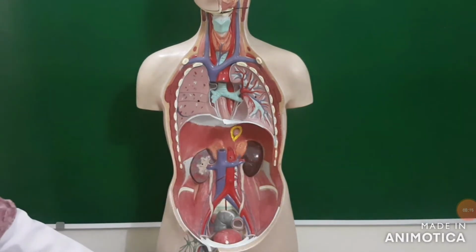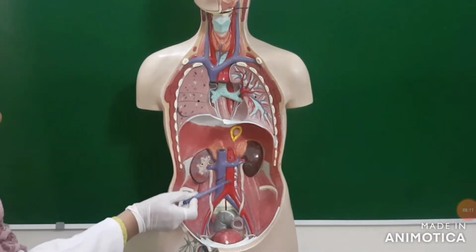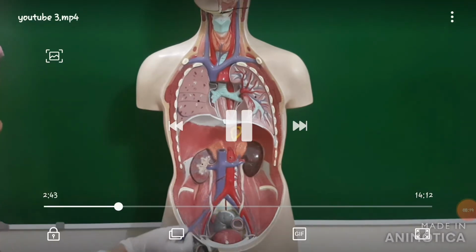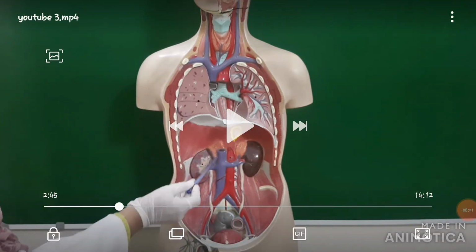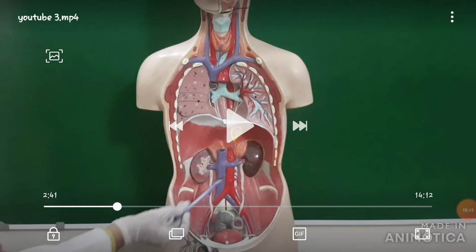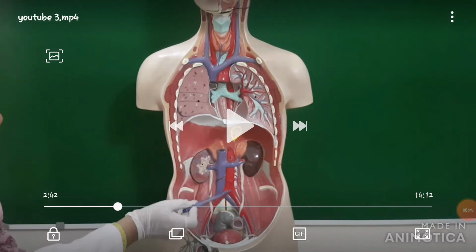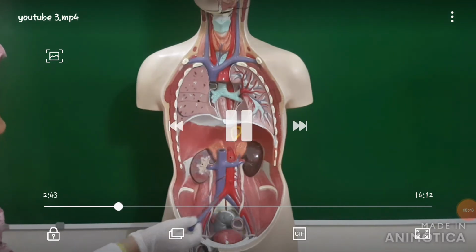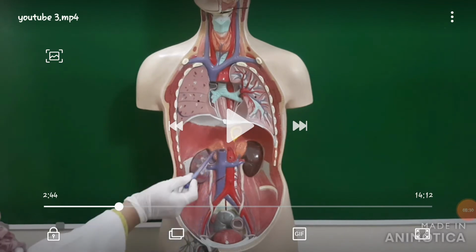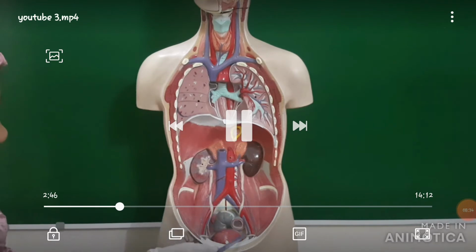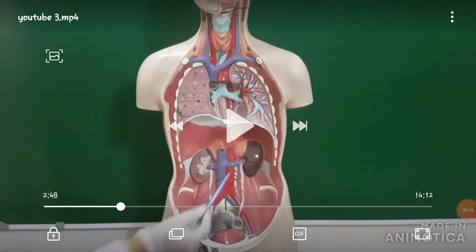Okay, now that is the posterior abdominal wall. And in the posterior abdominal wall, we can see abdominal aorta and its division into the right and left common iliac vessels. Then this is the inferior vena cava and its division into right and left common iliac veins.